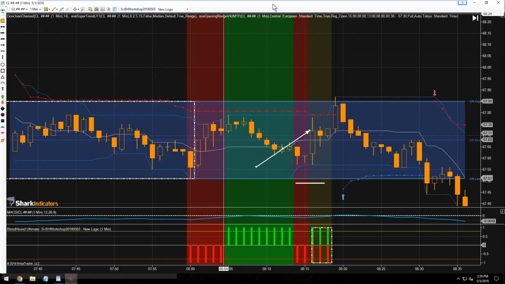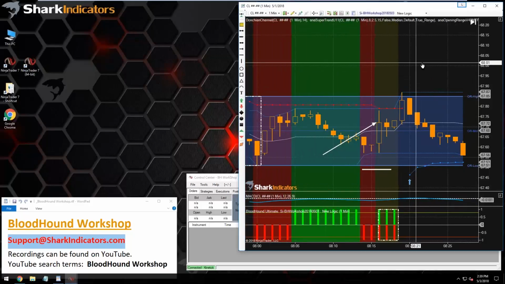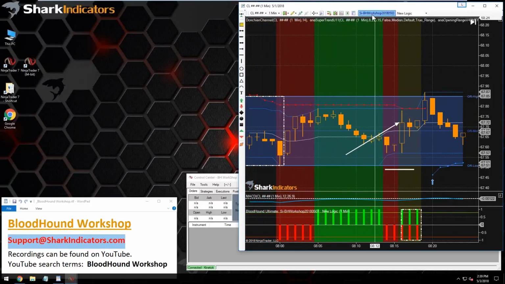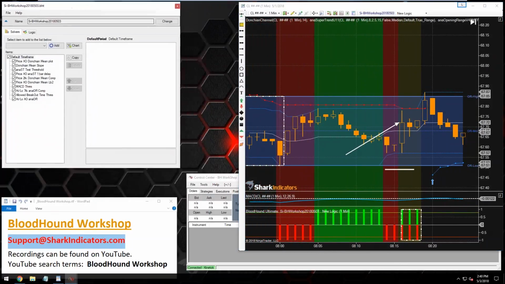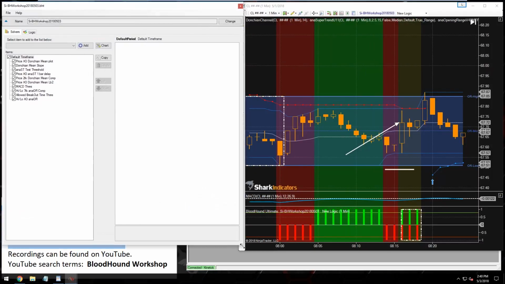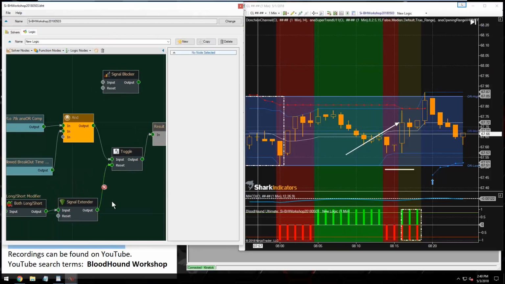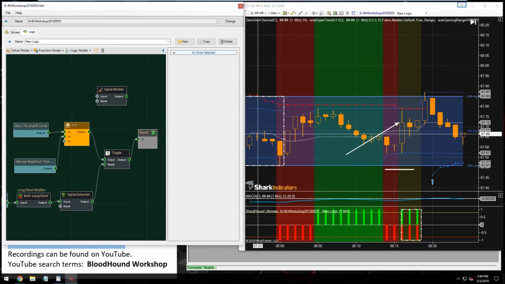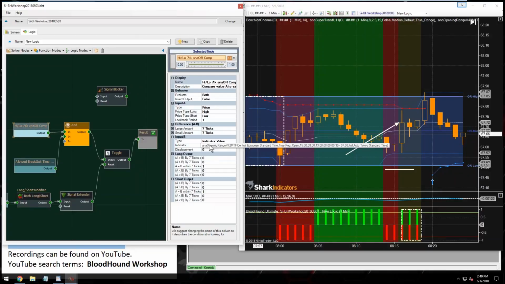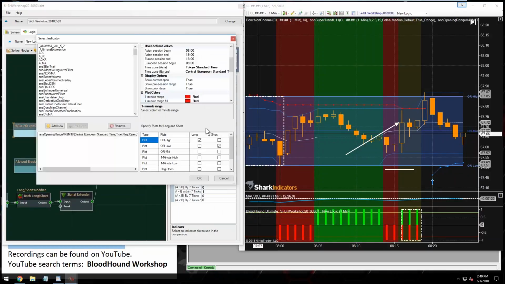And one thing I noticed about our opening range indicator, let's get BloodHound to open here. So I noticed that in our opening range indicator, let's get this open again here. There we go. So here's our opening range indicator. It has a midline, right? Opening range mid. I'm assuming that would be the middle of the opening range.